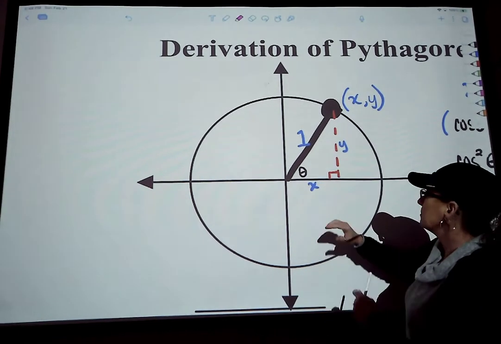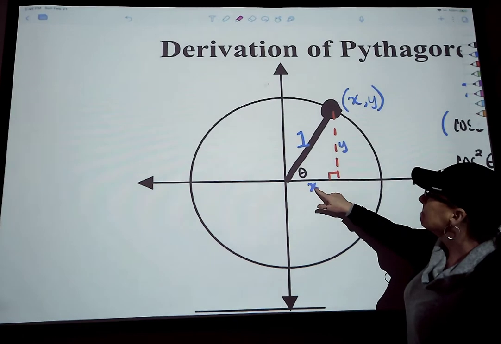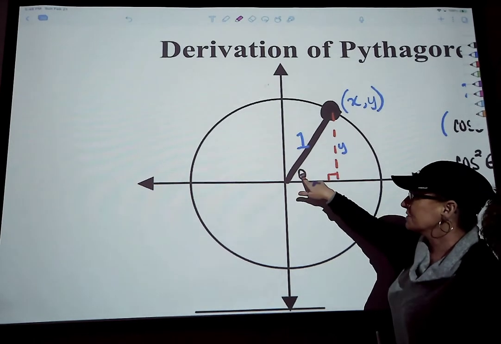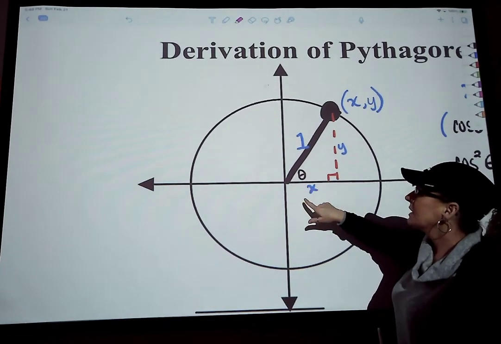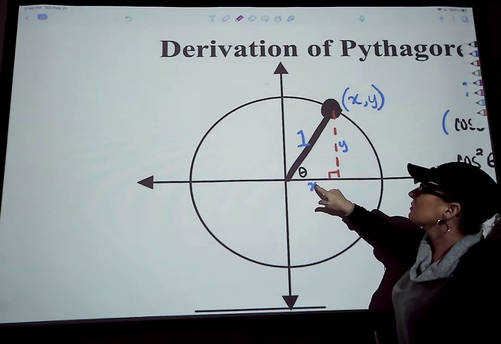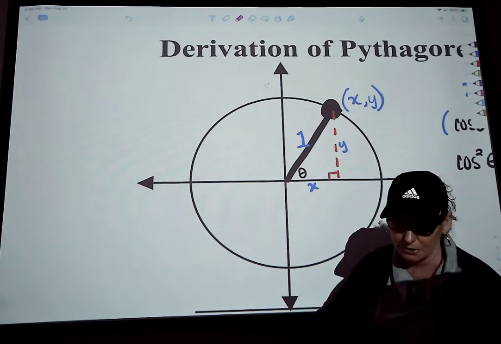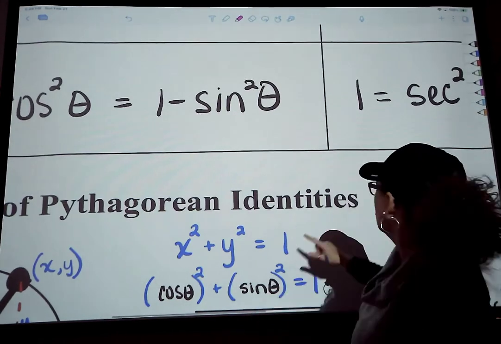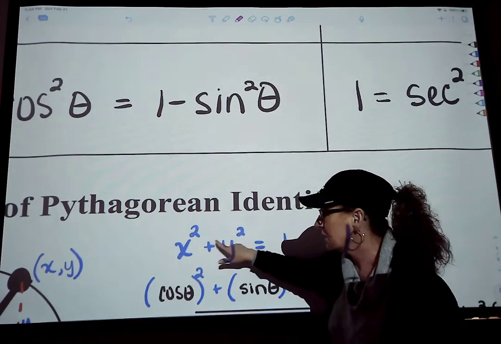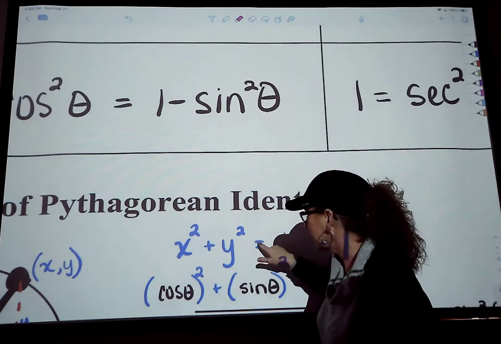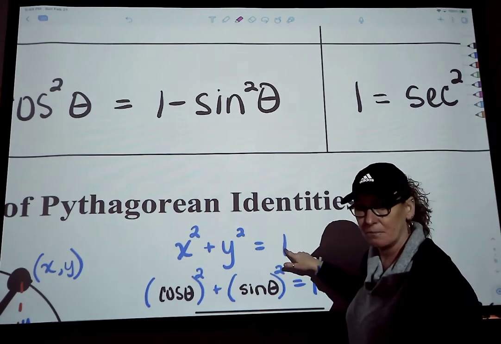So, right triangle, here's theta. I can say in this right triangle, leg squared plus leg squared equals hypotenuse squared. So I can make this equation.